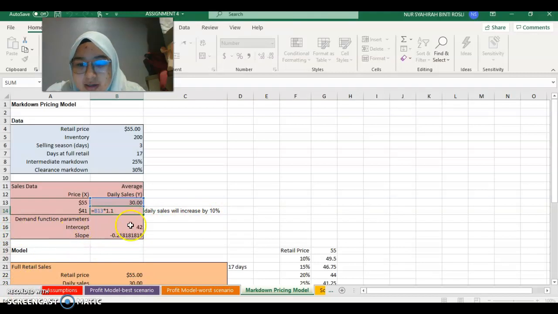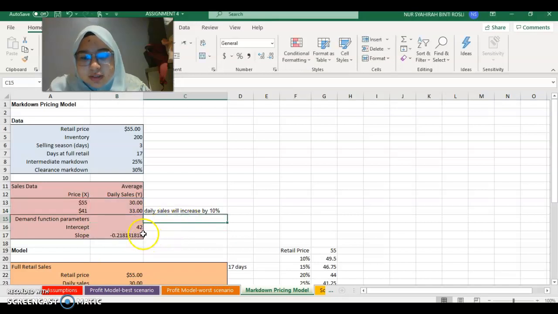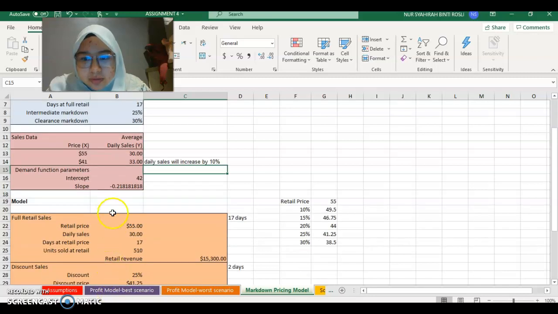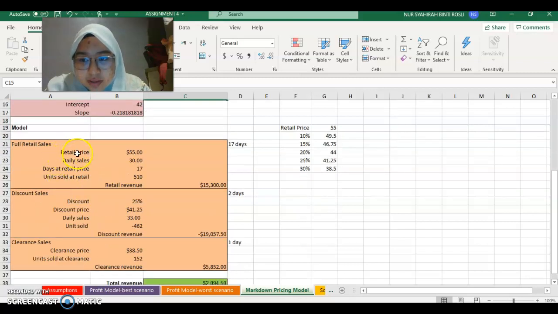Then the intercept is 42, and the slope is negative 0.218.